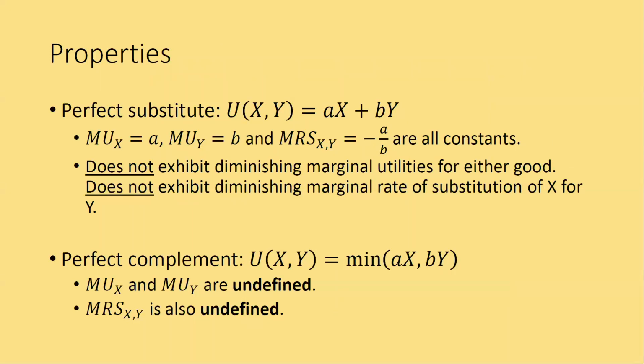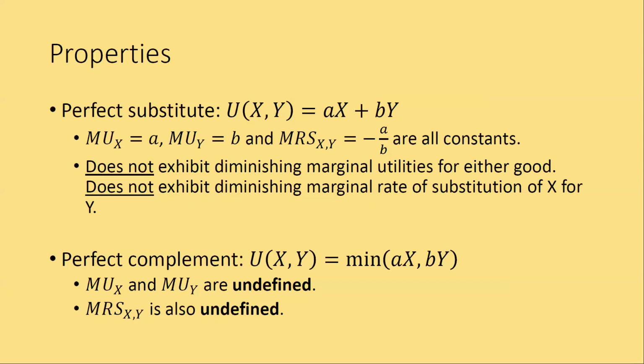So lastly, there are some properties of the 3 special preferences or the 3 special utility functions that we have discussed today. First of all, for perfect substitutes, the general form is that u equals ax plus by. And we can take the partial derivative pretty straightforwardly here, and we can find that the marginal utility of x is a, and the marginal utility of y is b.